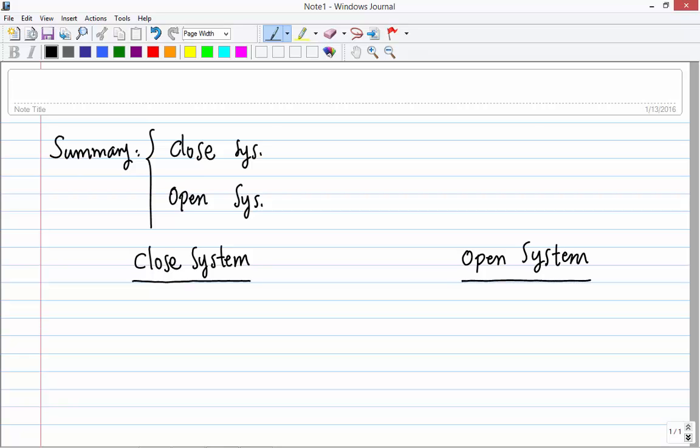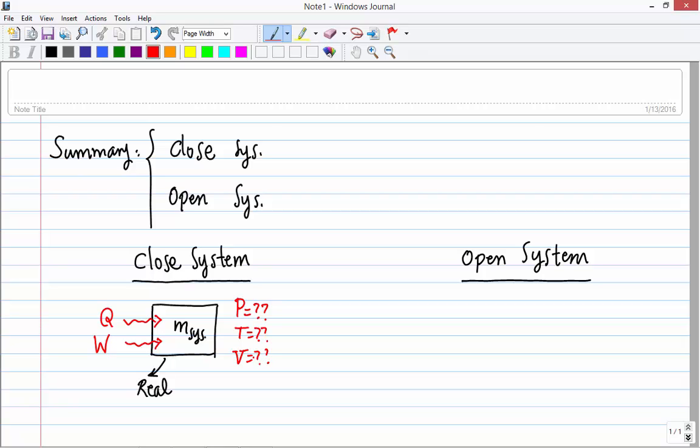In the closed system, we have straight solid lines which represent our real boundaries, and we had a specific mass in my system, right? And then I applied, for instance, heat, or we do work on the system, and we solve for pressure, initial or final pressure, or temperature, or volume.